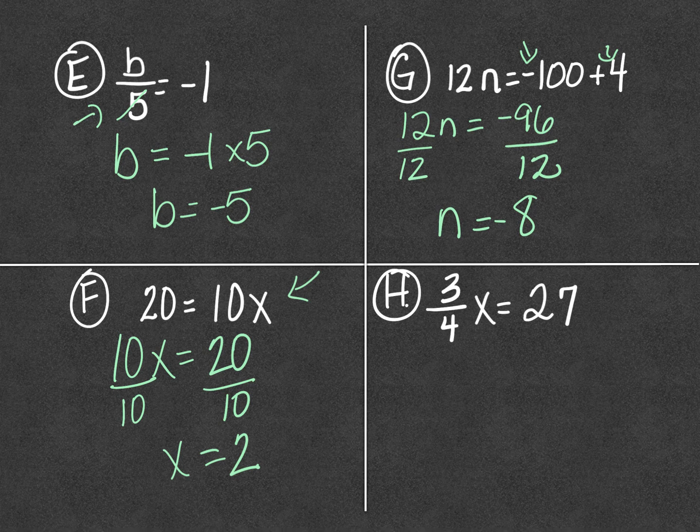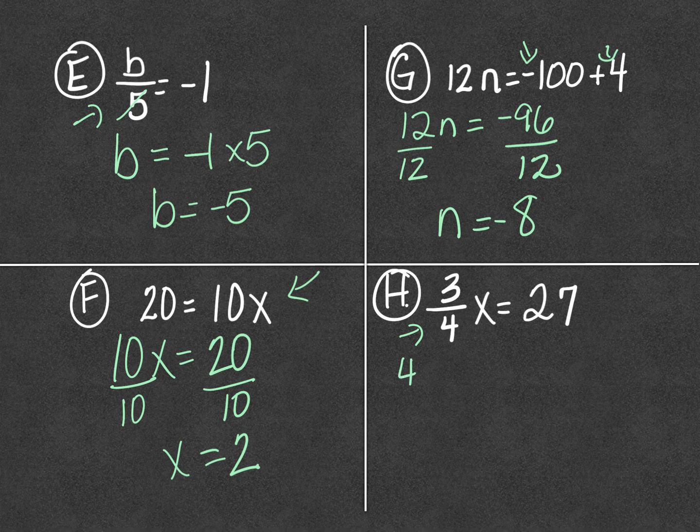All right, let's do the next one here. 3 over 4 x equals 27. Now remember, here's what you're going to do. Are you multiplying or are you dividing? Well, what you're going to do is multiply both sides by the reciprocal. The reciprocal of this is going to be 4 over 3.